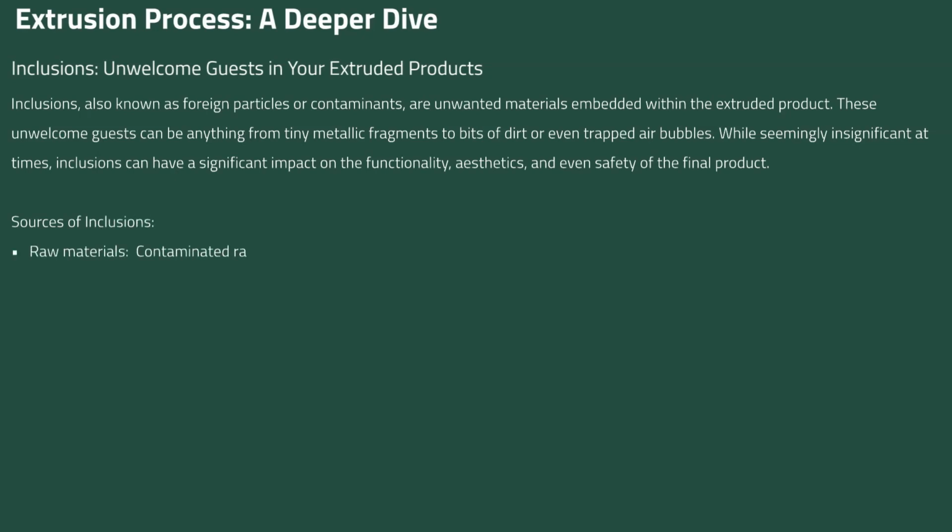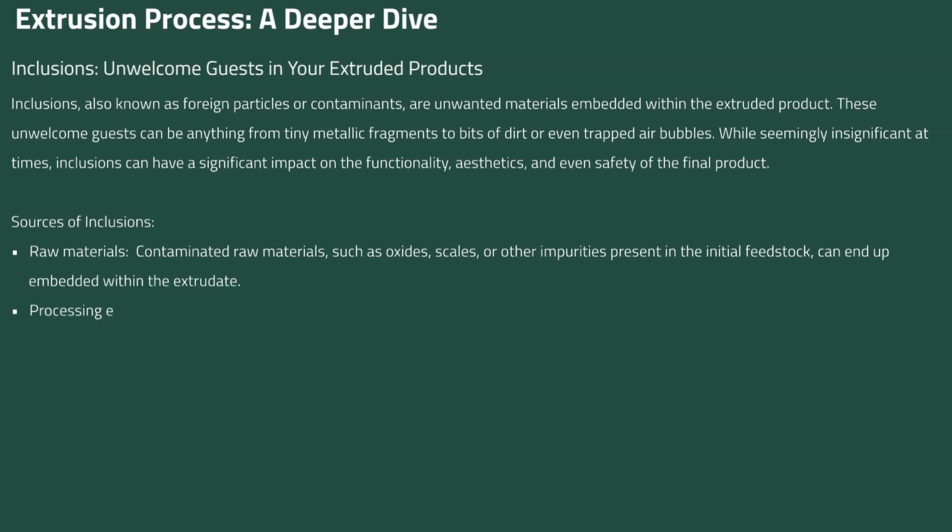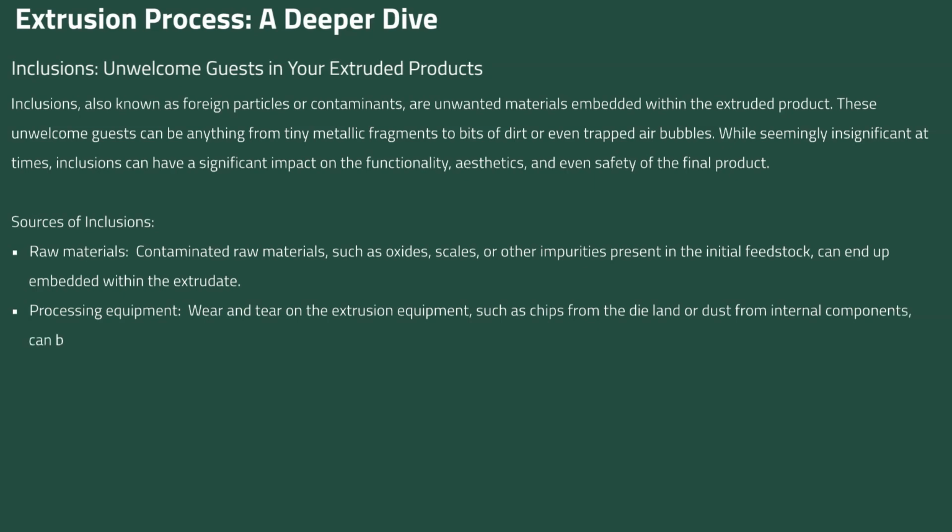Sources of inclusions. Raw materials. Contaminated raw materials, such as oxides, scales, or other impurities present in the initial feedstock, can end up embedded within the extrudate. Processing equipment. Wear and tear on the extrusion equipment, such as chips from the die land or dust from internal components, can become incorporated into the material during processing.